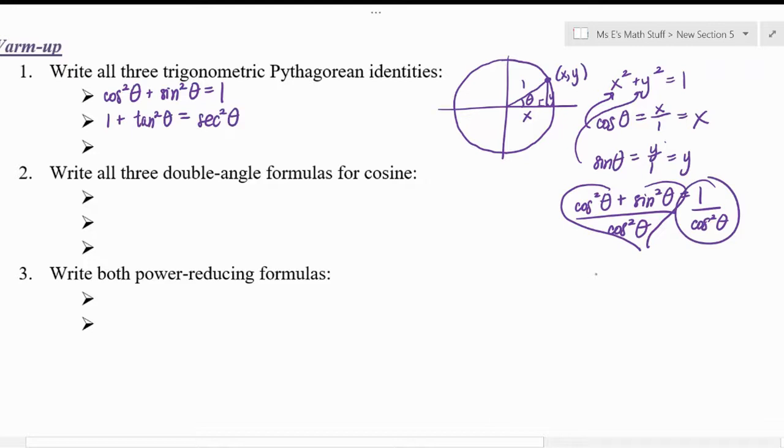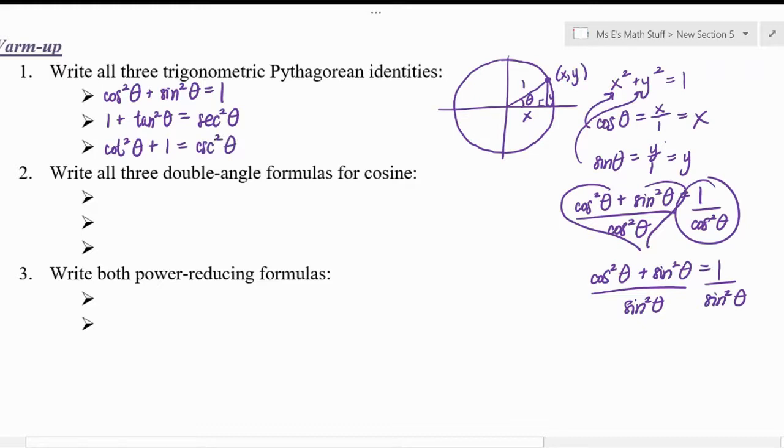And then the last Pythagorean identity is also a direct ripoff of the original, where you just divide both sides by sine squared instead of cosine squared. So cosine squared over sine squared is cotangent squared theta. Sine squared over itself is 1, and 1 over sine squared is cosecant squared theta.